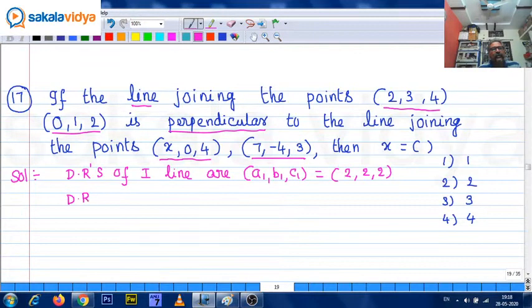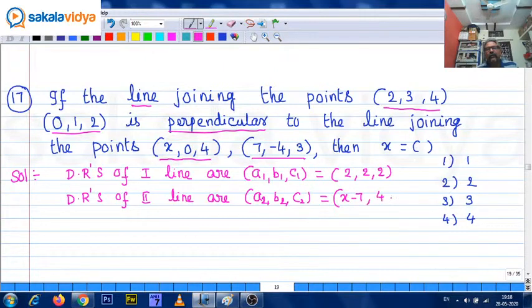Next, direction ratios of the second line are A2, B2, C2 equals x minus 7, 4, minus of minus 4 plus 4... 0 minus minus 4 is 4, and 1.